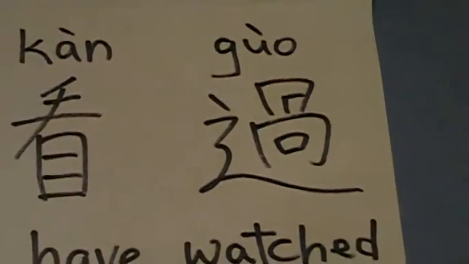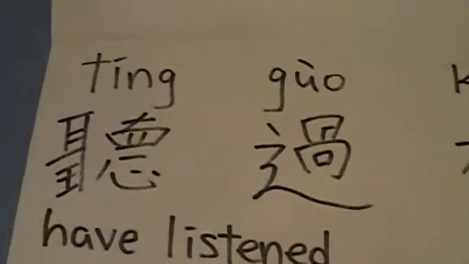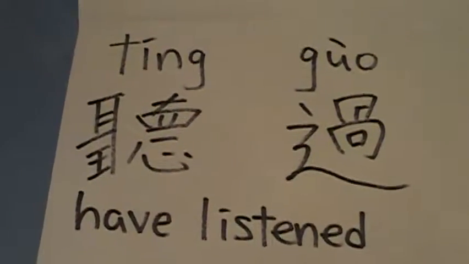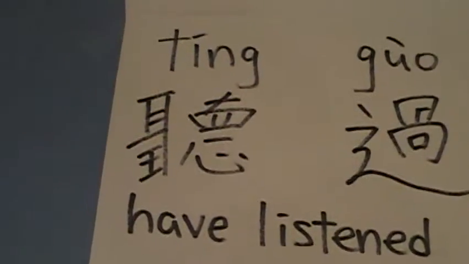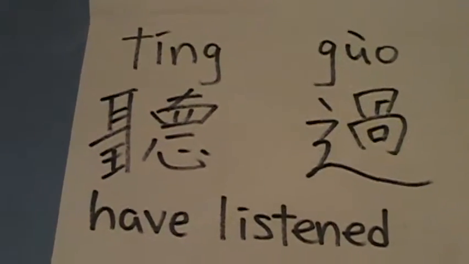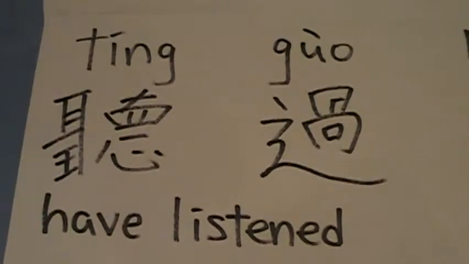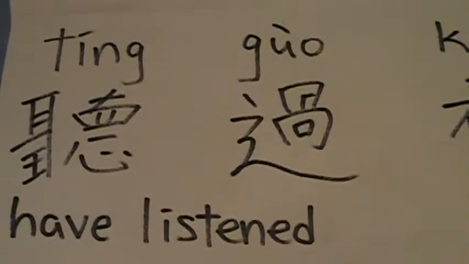And to learn another tense, the past tense. Again, we use the word listen, ting. However, we add a different word to ting this time, 过.